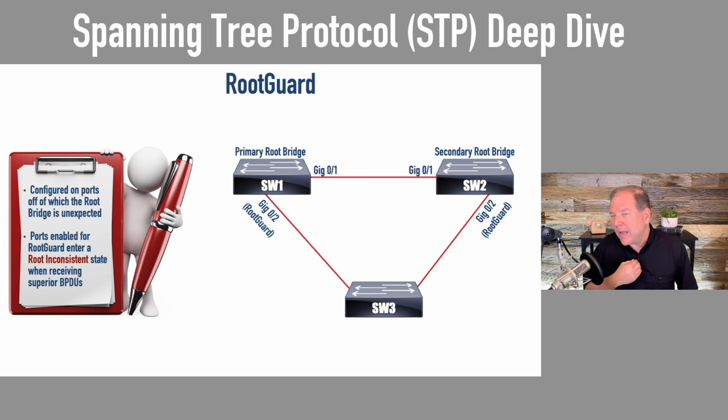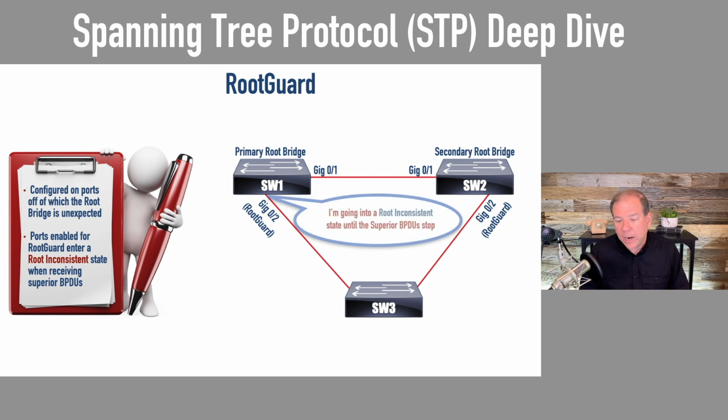I was told ahead of time that I should never expect a superior BPDU coming in on gig 0/2. So I don't trust you. And as a result, I'm going to go into a state called a root inconsistent state. And we're going to remain that way until we stop receiving those superior BPDUs.